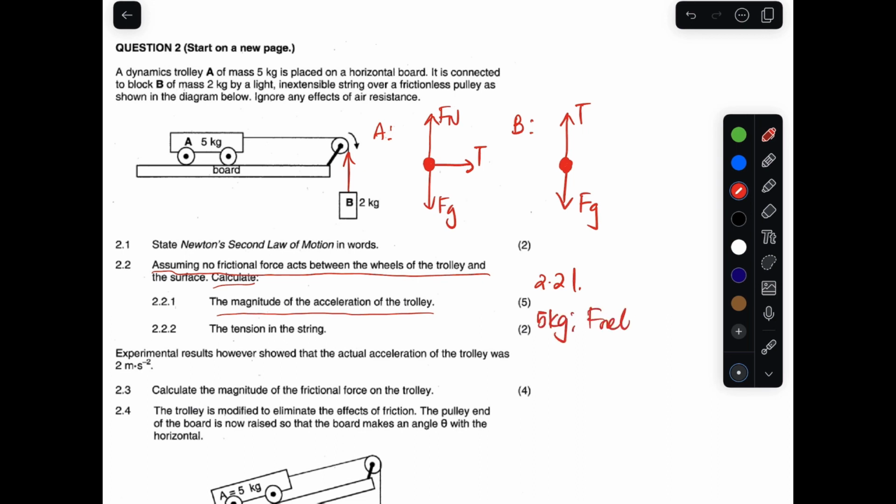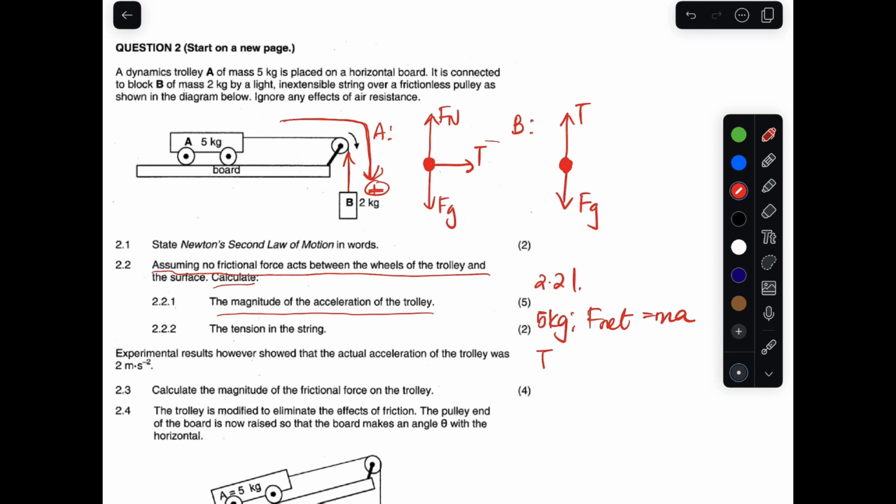Set F net equal to ma, right? Then what are the forces acting on the 5 kg that are involved in the movement? It is the tension only, right? And guys, since it's moving in this direction, I forgot this, you need to choose that direction. So the system is accelerating this way, and you choose right and down as positive.